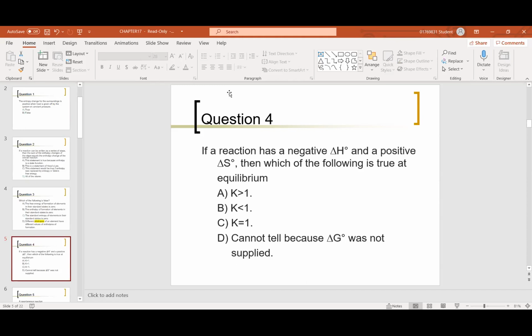Let's see. Okay, when K was less than 1, it also was similar to when delta G was positive, do you guys remember that? It would go in the same direction. So I'm gonna guess they're inverse. So if K is greater than 1 instead of being less than 1, I'm gonna guess that would mean that delta G is negative.